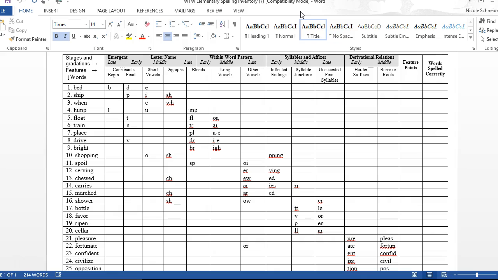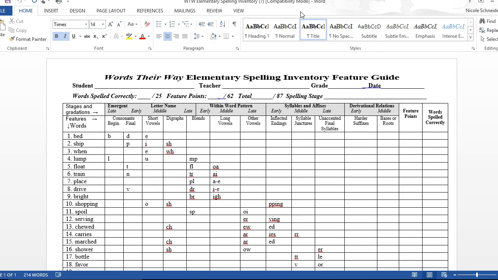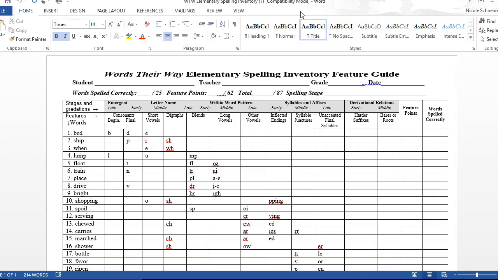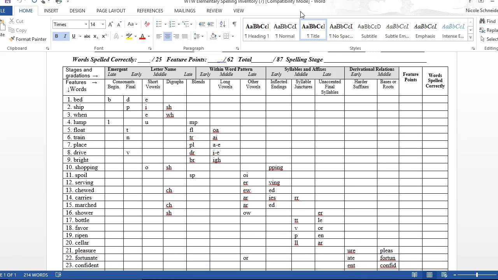Now, if you'll notice, this particular spelling test, we're actually looking for the student's ability to spell certain features, certain patterns of words. So it starts out with consonants and moves to short vowels and digraphs and so on. So they can get credit for certain parts of the word. Now, for number 1, if they spell bed correctly, I put a tally mark next to each one.